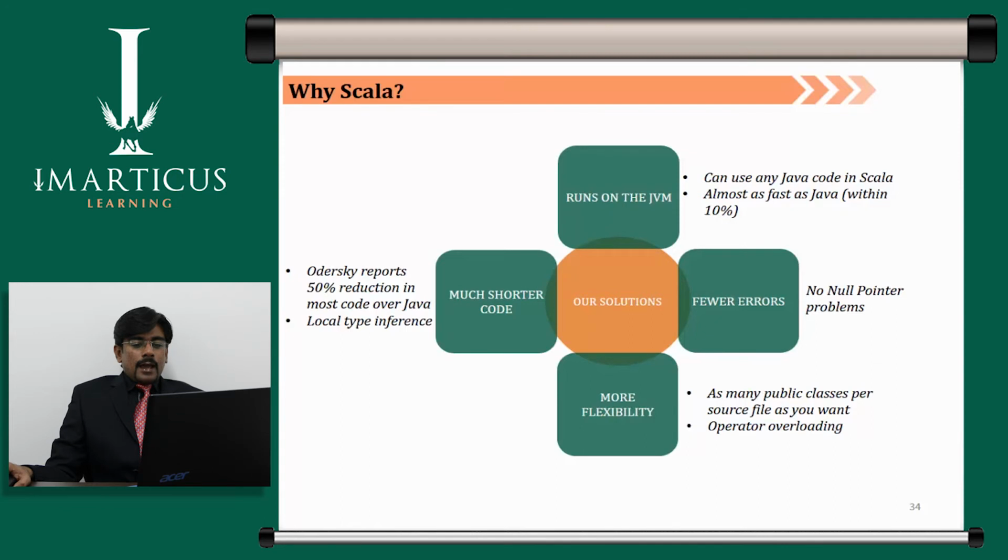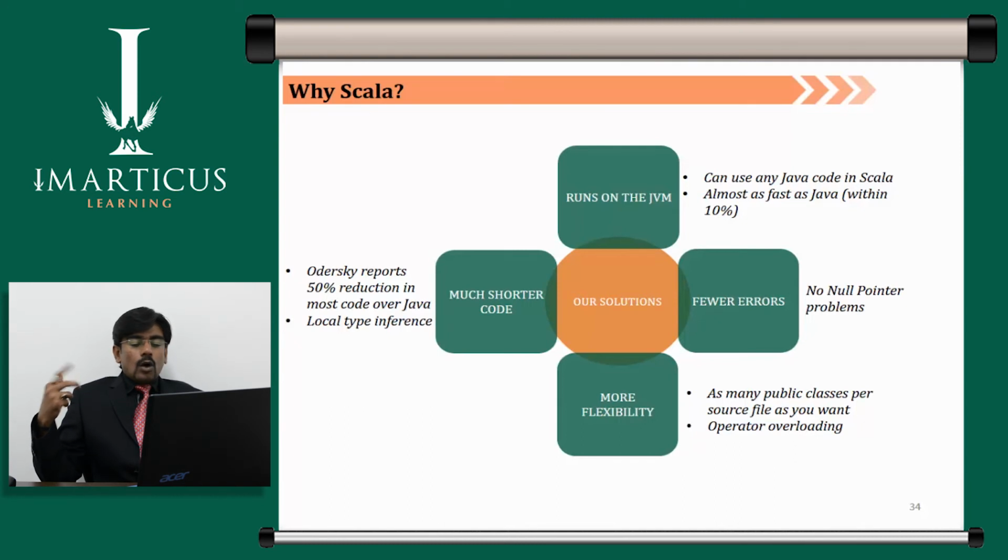Now when it comes to Java and Scala, there are some features which are exactly matching with Java. There are a couple of features which are completely opposite of Java, which are not there in Java itself. So first thing is how Java and Scala differ from each other. I'm going to tell you what Scala has.